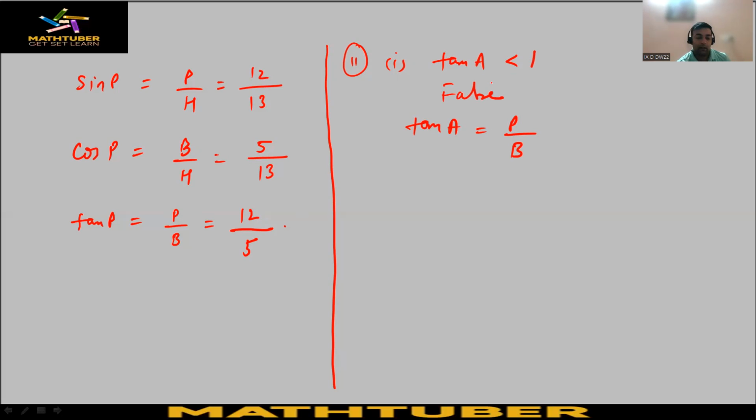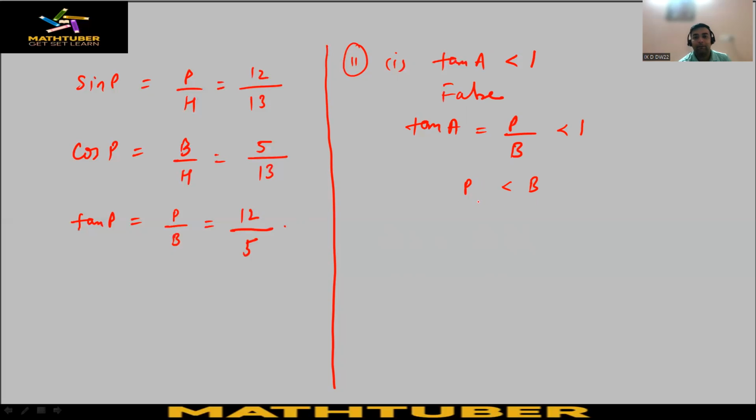And if it is saying that it is always less than 1, if tan A is less than 1, then perpendicular upon base should always be less than 1, and perpendicular is less than base if we take this base to the other side. And is perpendicular always less than base?